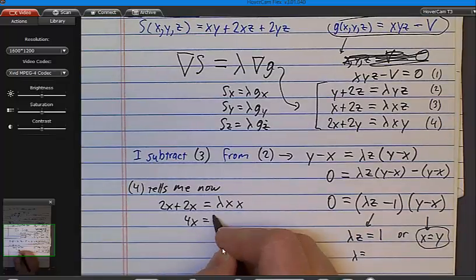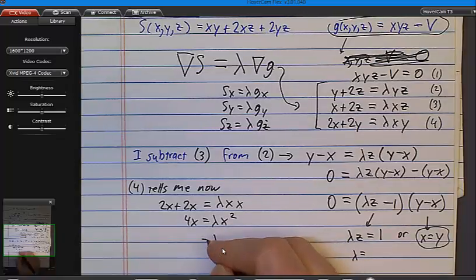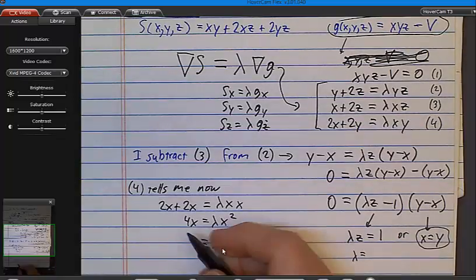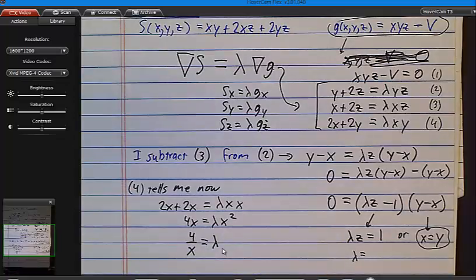So 4x equals lambda x squared, right? So what does lambda equal then? I guess it equals 4 over x, right?